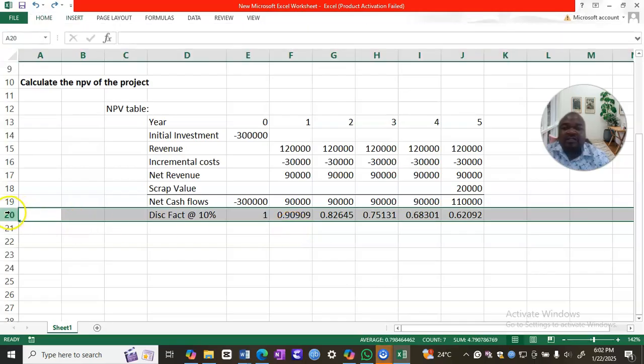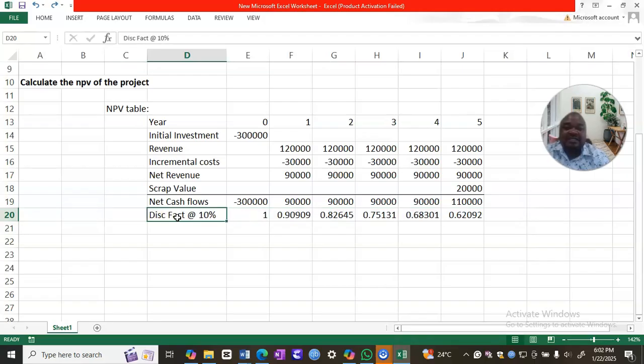The problem of trying to format the decimal places while the data includes non numbers. For example, here the discount factor is text information. That's not a number.